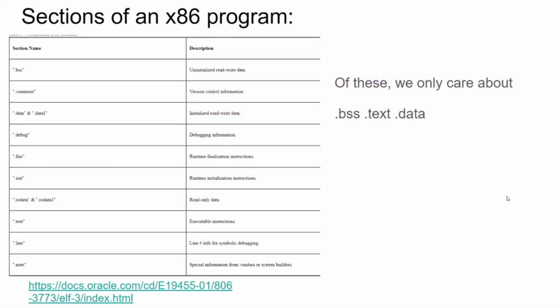Okay, so now that we've covered registers, let's cover sections of an x86 program. And I'm sad to say this is the one area where I do not really have a good demo program to show off. But the basics of an x86 program, what you have to know is that when you compile it down into machine code, there are different sections of that machine code where things have to be placed.